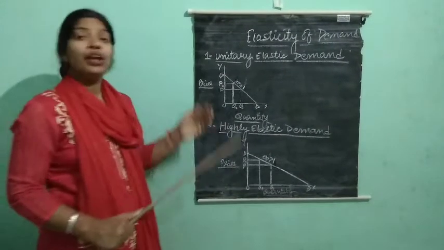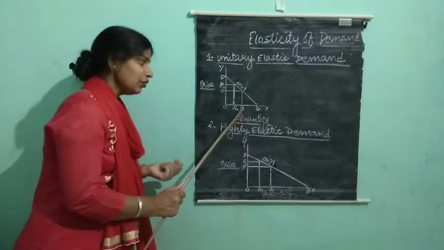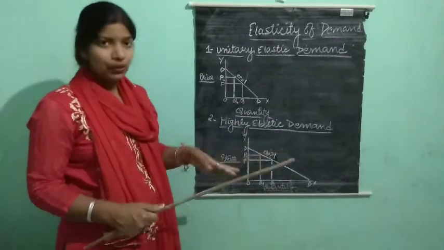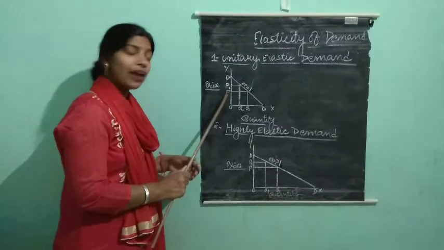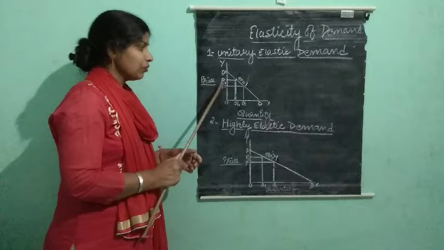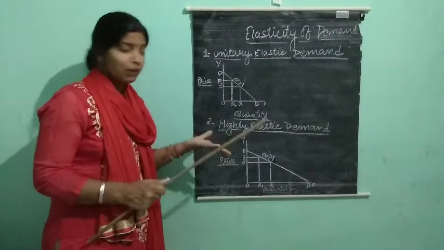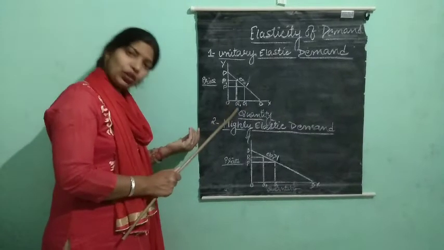It means that if 10% price rises, 10% quantity demanded by consumer will fall. Listen again carefully. If price rises 10% from P to P1, let's suppose this is 10%, then quantity demanded falls also 10%.